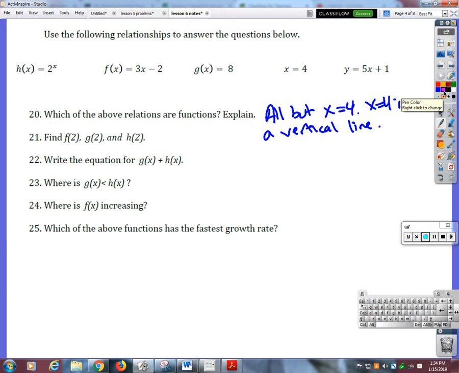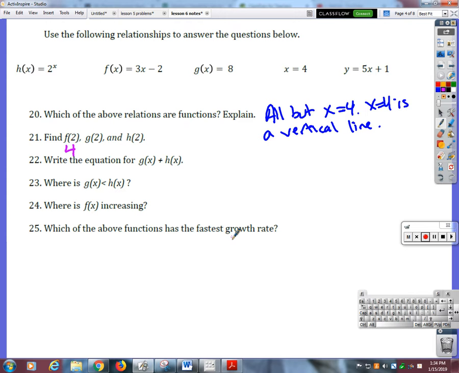So what do you get when you plug 2 in for x in the f function? 4. What do you get when you plug 2 in for x in the g function?